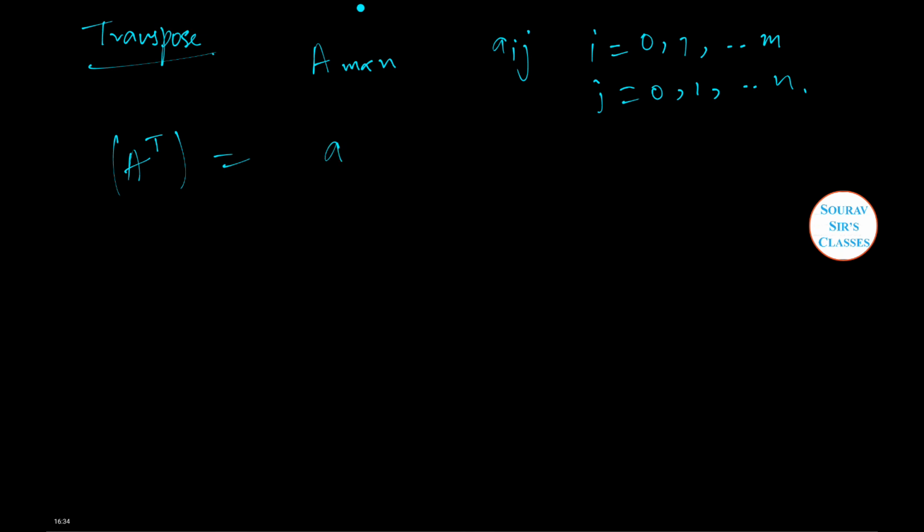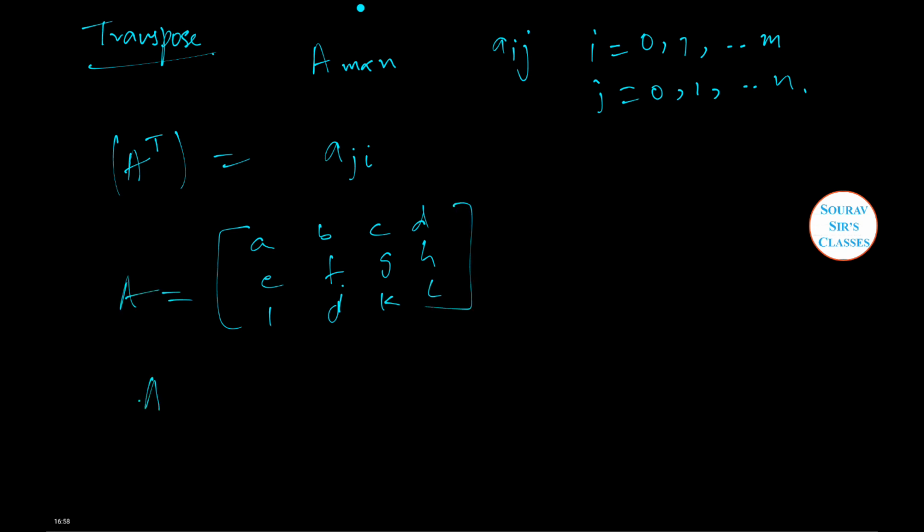This is equal to the matrix with elements in reverse order, that is a_ji. Let me give you an example, then it will be more clear. For example, if I write the matrix A, B, C, D, E, F, G, H, I, J, K and L. Let this be A. Therefore, the transpose of A will be A, E, I, that is, we are reversing the elements.